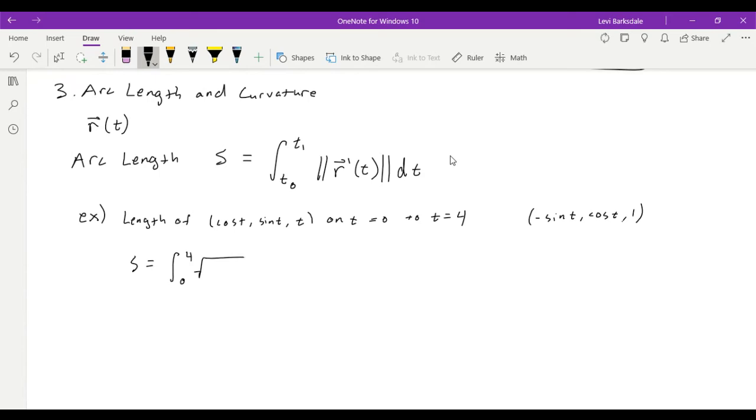So the magnitude of that would be the square root of sine squared t plus cosine squared t plus 1 dt, which is the integral from 0 to 4 of just the square root of 2 dt.